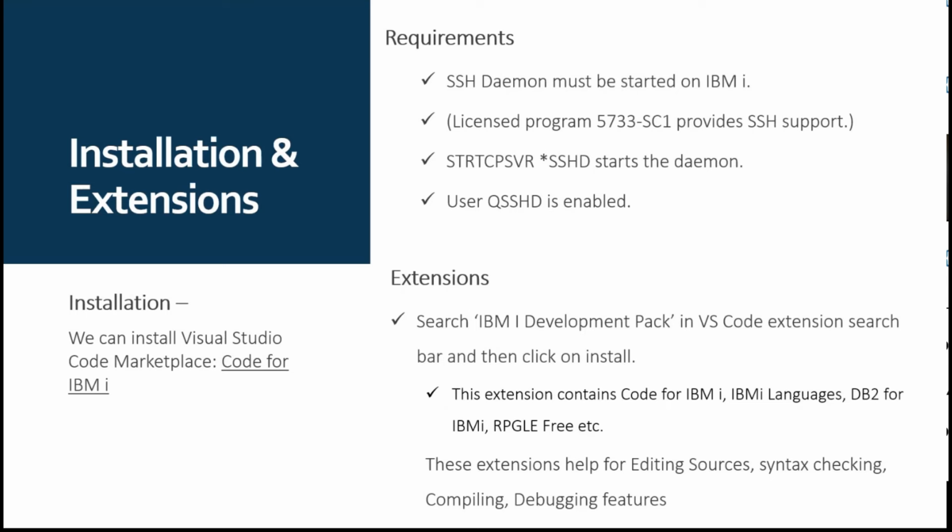Before using VS Code, there are some requirements which we should have. First, the SSH daemon should be started on IBMi. License program 5733 provides this SSH support. The command to start it is STRTCPSVR SSHD, which will start the daemon.